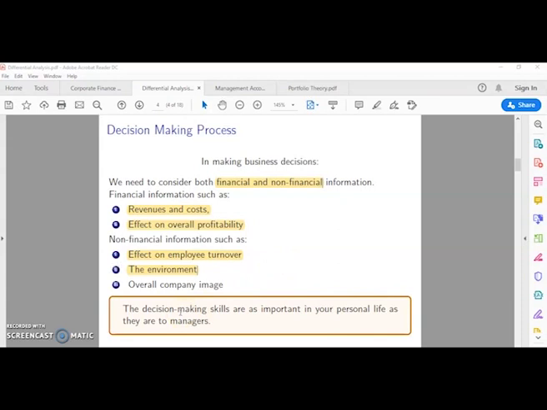One point that you need to always remember: decision-making skills are as important in your personal life as they are to managers.